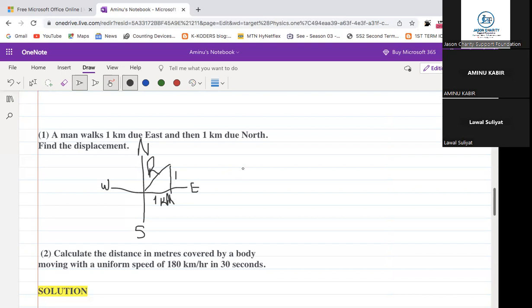So remember, according to Pythagoras theory, the sum of the square of the opposite and the square of the adjacent is equal to the square of the hypotenuse. So we're going to have R is equal to 1 squared plus 1 squared.